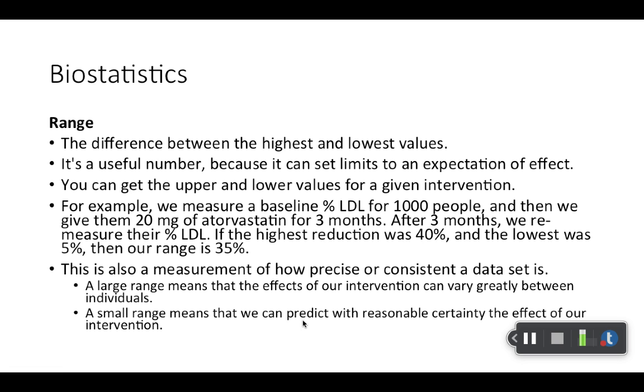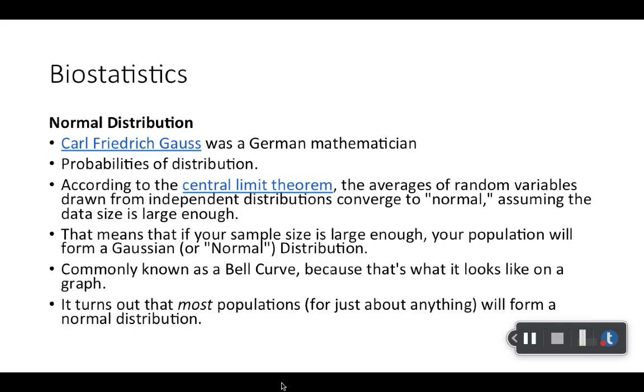So with your patient, if we're expecting between a 30 and a 40%, that's a pretty precise range. You don't really see that a lot, unfortunately. With the larger range, it'll be harder for you to quote unquote predict for your patients how much their LDL is going to go down.